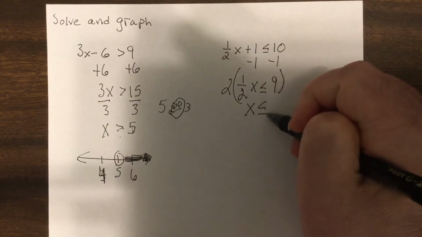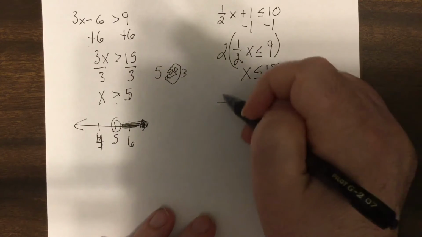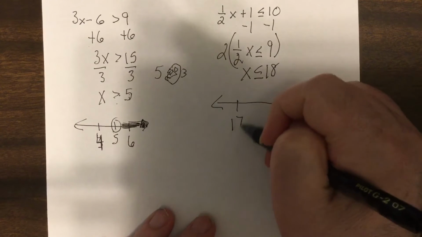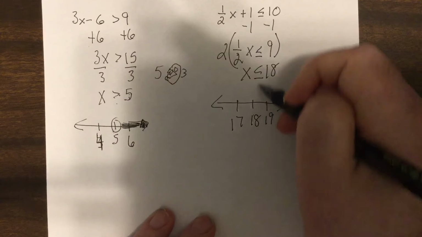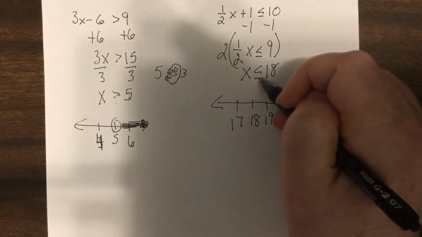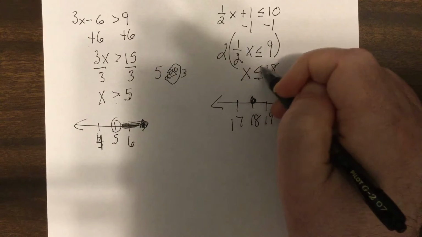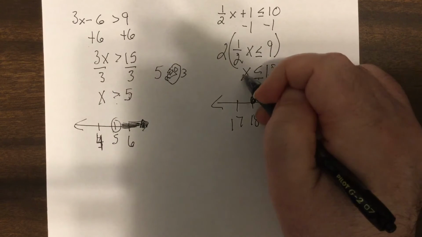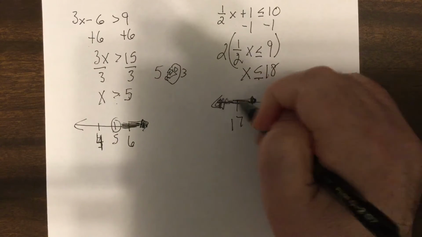So I'd have x is less than or equal to 18. So 17, 18, 19. So I want to include the 18 because there's an equal, so that'd be a solid dot. I want the numbers smaller than 18 because it's pointing toward the x, so it'd be to the left.